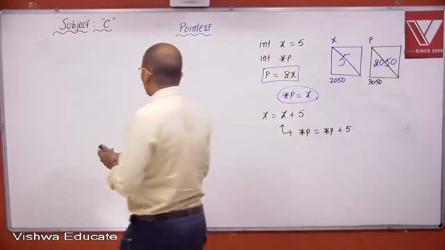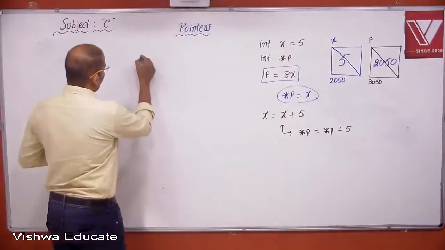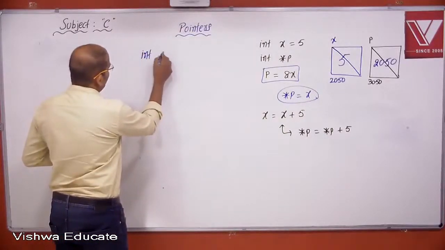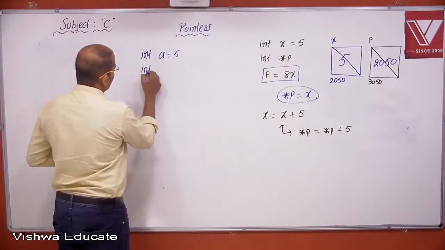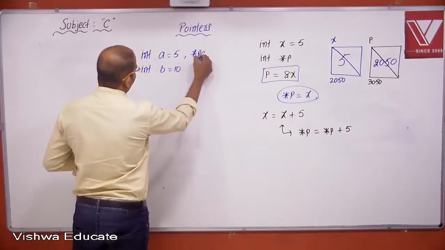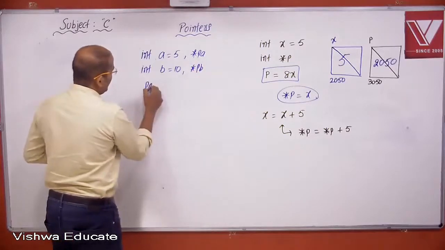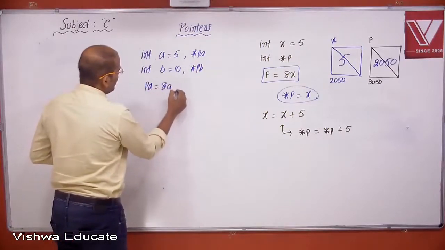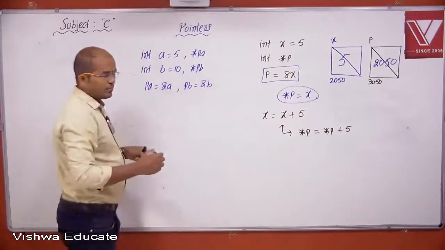For example, assume that I got a code like this: int a is 5, int b is 10. These are pointers pa and pb. I say pa is address of a and pb is address of b.